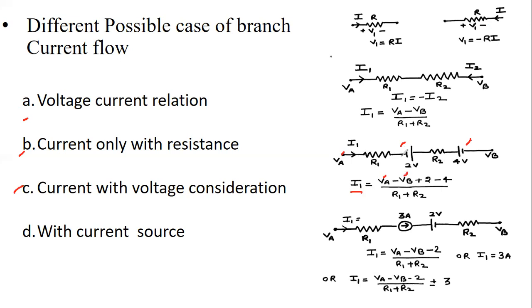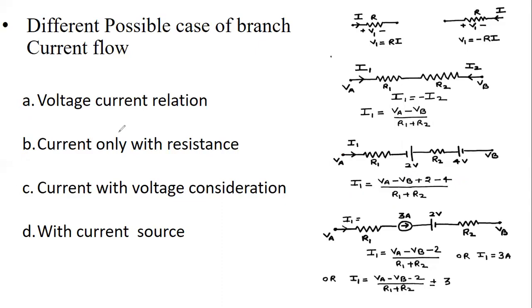And in the current direction, if you find a negative sign, consider it as a plus sign, and if you get a positive sign, consider it as a minus sign. So the current is VA minus VB plus 2 and minus 4, divided by resistance R1 plus R2. So this is my third case.